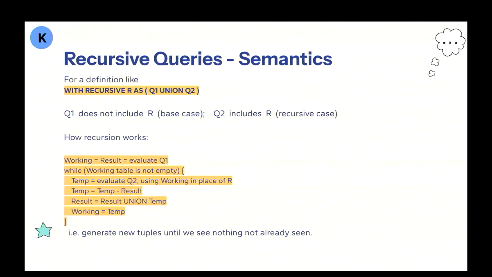So here is how the recursion works. The stopping criteria here, you can see that is, well, the working table is not empty, and the working table is initialized with Q1 and updated by Q2. So this is how it works.